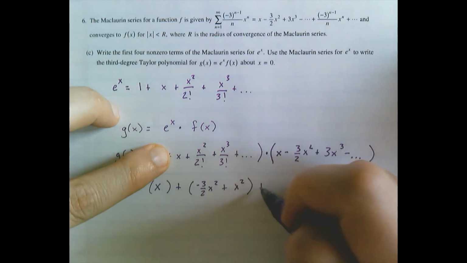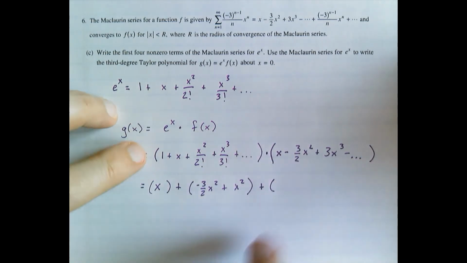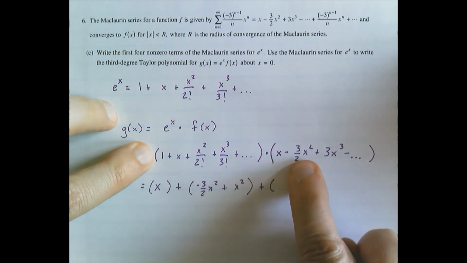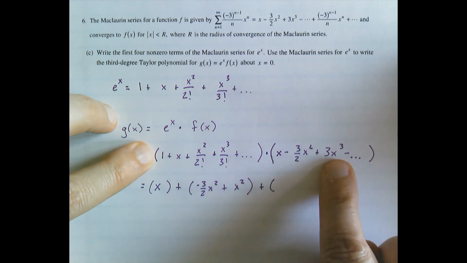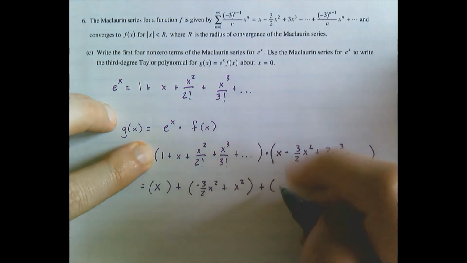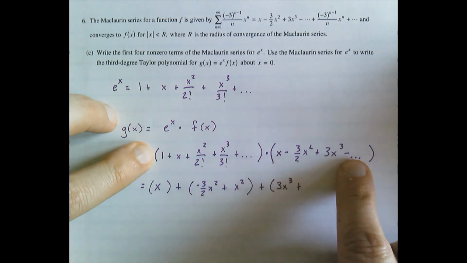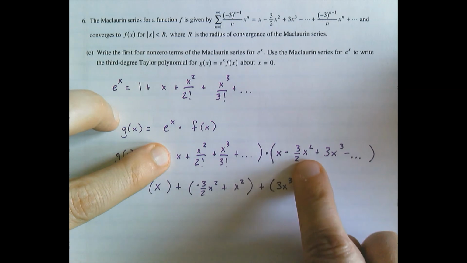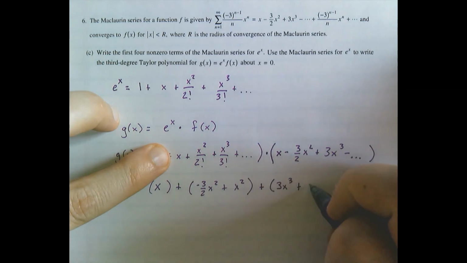And then our third degree pieces: that is 1 times 3x cubed. Then x times this is a third degree, so what we have is plus negative 3 halves x cubed.